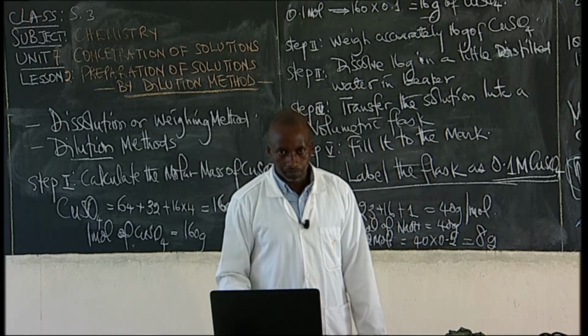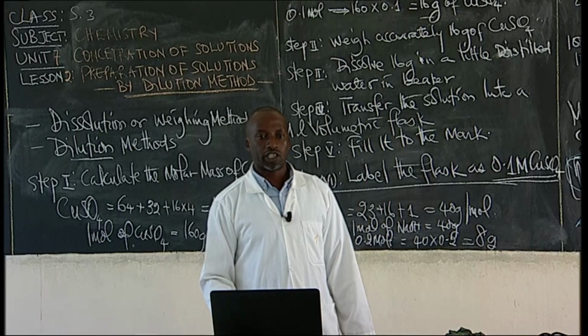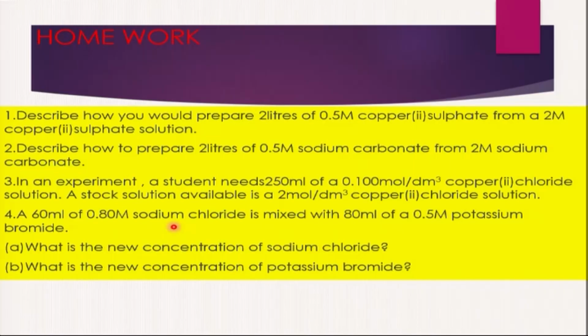Before I leave, I'll ask you to attempt the homework. Next time when I come back, we'll go through them. Describe how you would prepare 2 liters, that is 2 decimeter cubed or 2,000 cubic centimeters, because a liter is equivalent to 1,000 cubic centimeters, of 0.5 molar copper 2 sulfate from 2 molar copper 2 sulfate.